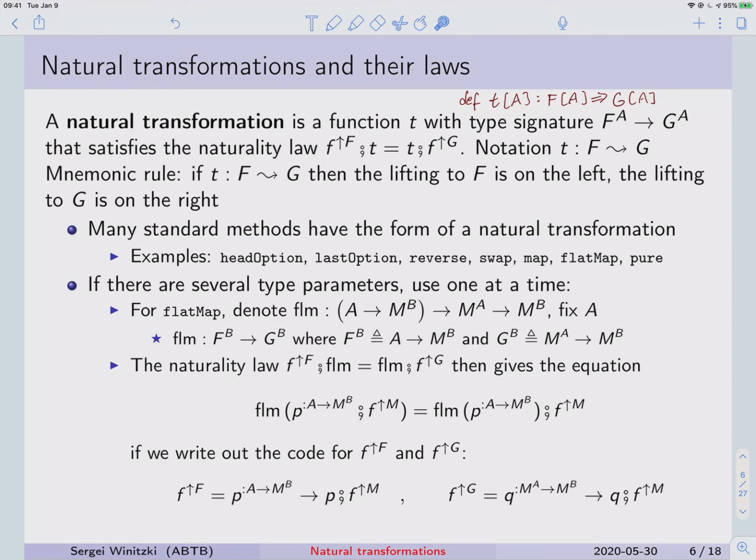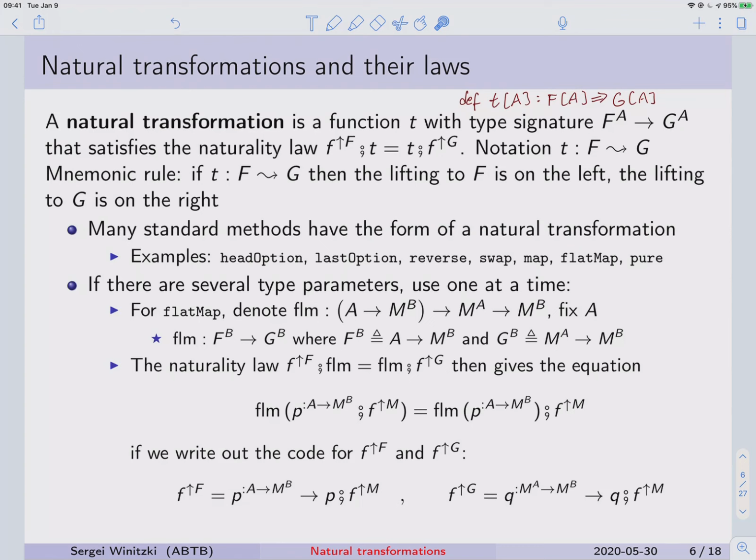But in this tutorial, I will only consider the case when they're both covariant type constructors, so they're both covariant functors. Many standard library methods in Scala have this form, have this type signature. For example, headOption, lastOption, reverse, swap, map, flatMap, pure, and so on.